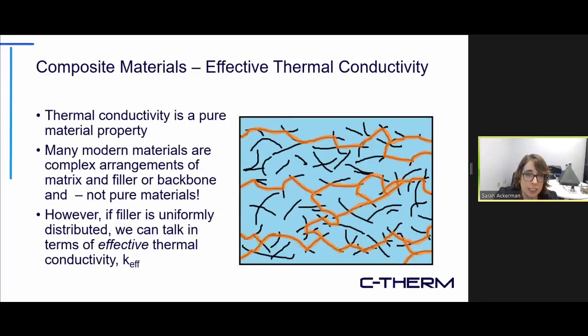And so if that's your goal, then technically speaking, if you want to be a physics purist about things, you're no longer talking in terms of thermal conductivity, because thermal conductivity is a pure material property.